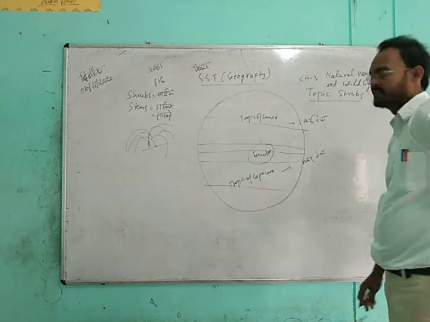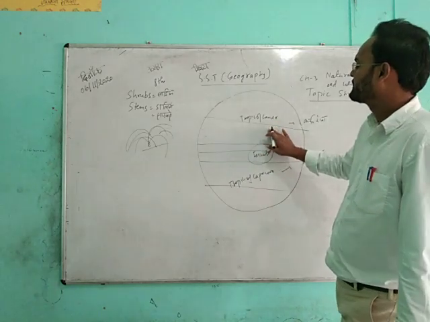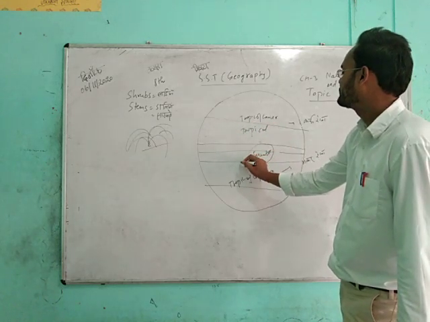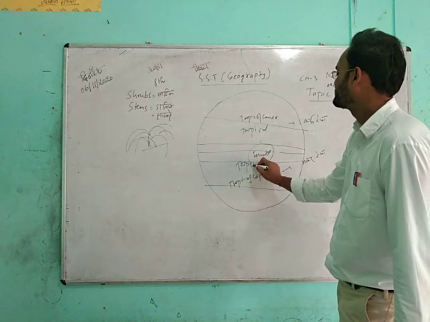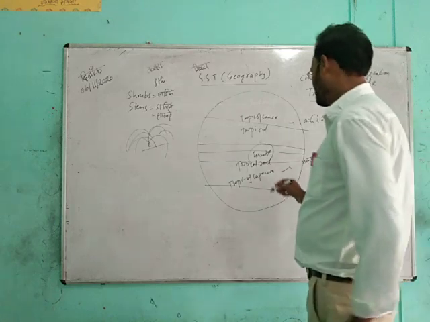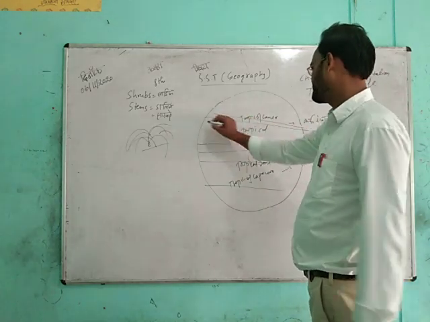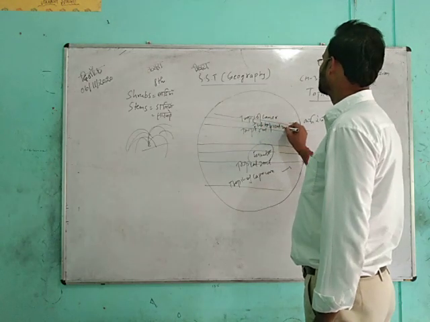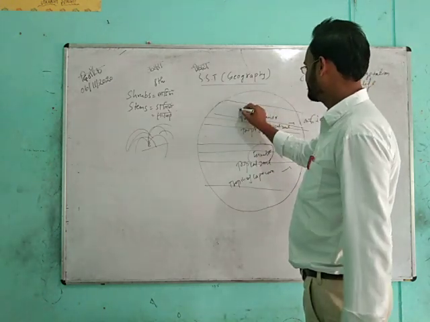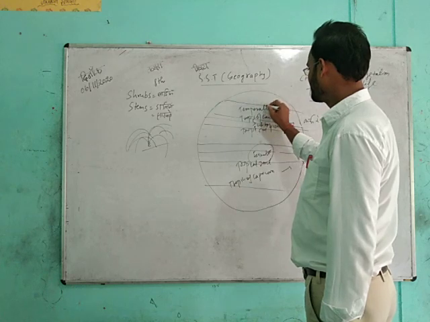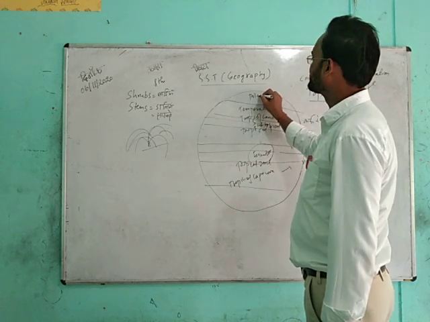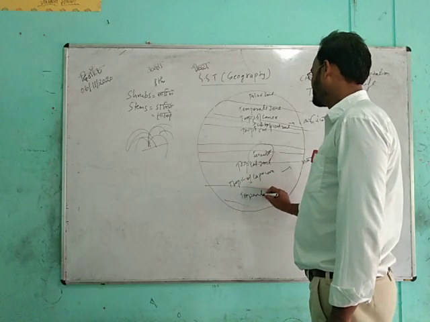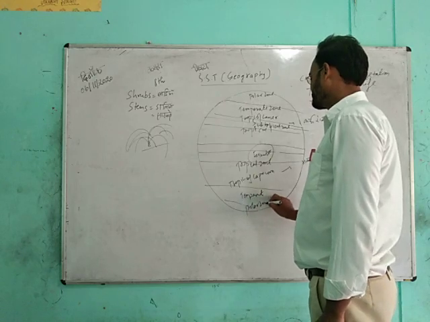This is the equator of Earth, and the north part of the equator is tropical. The south part of the equator is also known as the tropical zone, and nearby the tropics there is the subtropical zone, and upper side of that is the temperate zone, then the polar zone, temperate zone and polar zone.